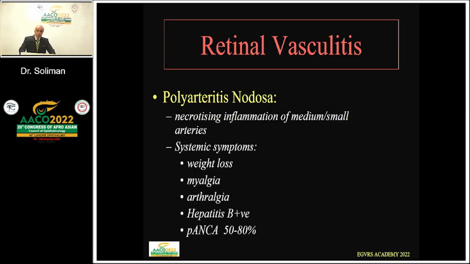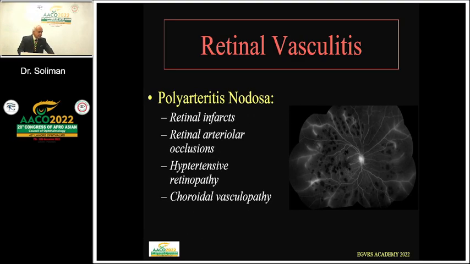Polyarteritis nodosa, again one of the vasculitis, which has a different presentation in the eye. It's, as you know, a necrotizing inflammation of the small and the medium arteries, and they have systemic findings, whether weight loss, and it is quite often after hepatitis B. Often they develop the polyarteritis nodosa, and they have retinal infarcts, retinal arterial occlusions, and hypertensive retinopathy.